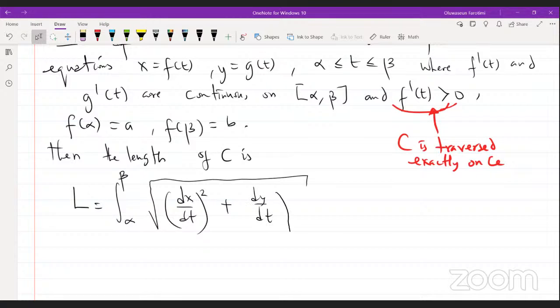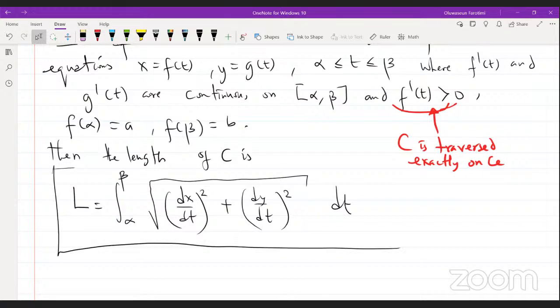This is the main formula we want to use, but of course we need to know where it is coming from. It's coming from the fact that you have a curve that is traversed once.